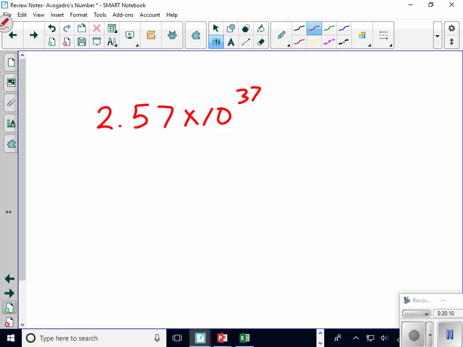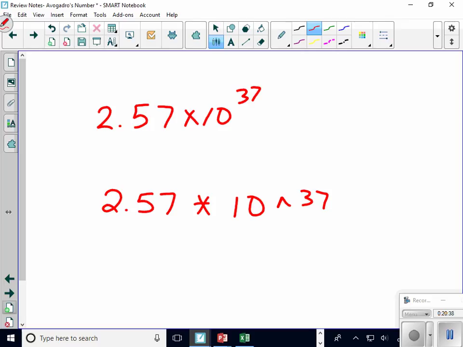What some people do is they do this. 2.57, they do the multiplication button, they do 10, and they do a caret 37 as so. Now, based on your order of operations, what's going to be first here?